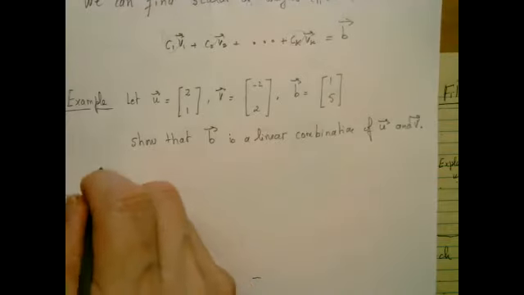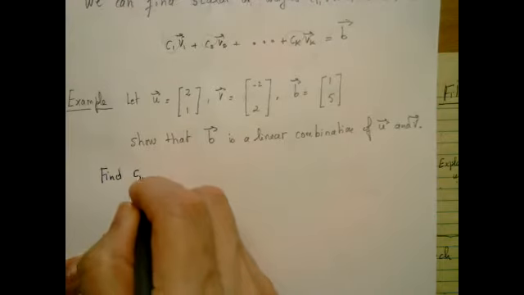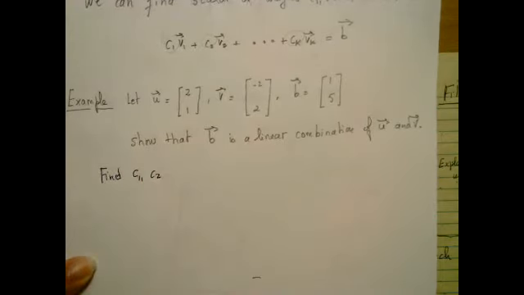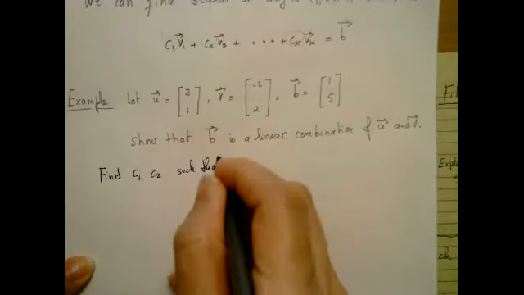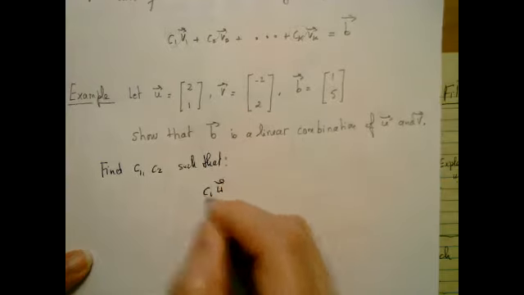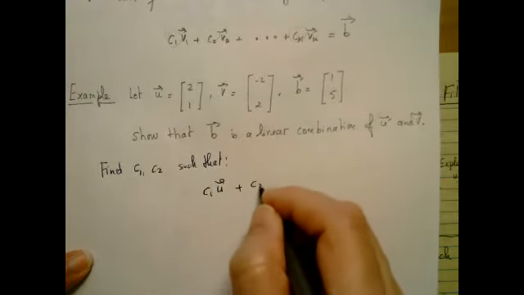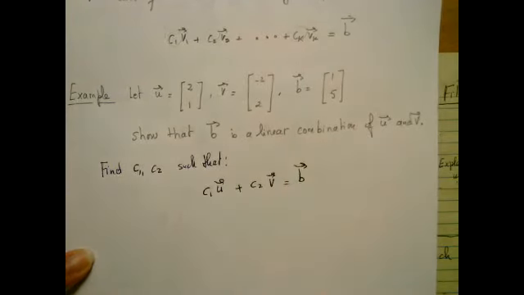My question now is the following. Find weights C1 and C2 such that C1U plus C2V gives the vector B. So show that B is a linear combination.